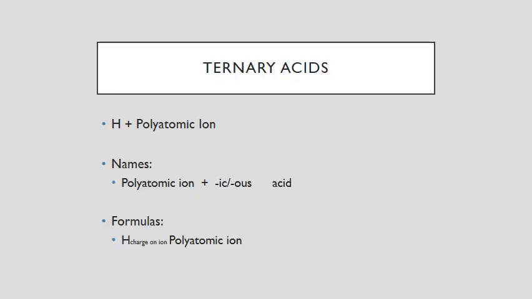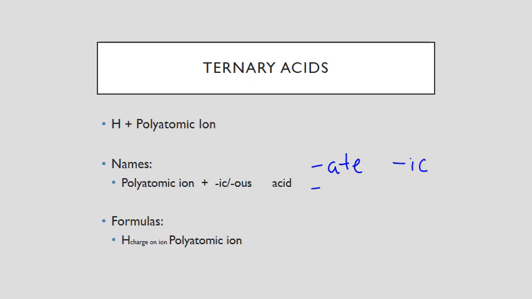When we write names for ternary acids, you're going to write the name of the polyatomic ion, and then you're going to change the ending to either ic or ous, depending on what the original ending of the polyatomic ion was. If the original ending was ate, it's going to change to ic.